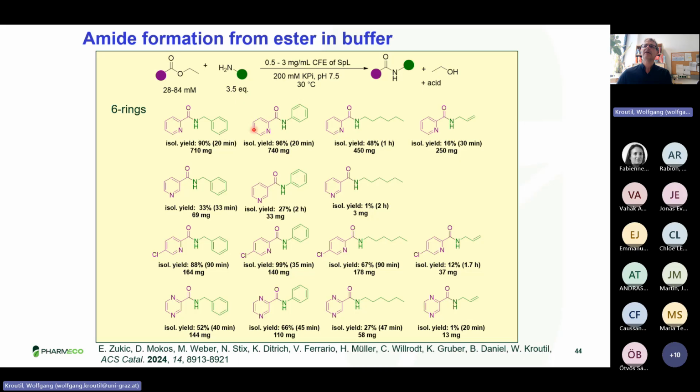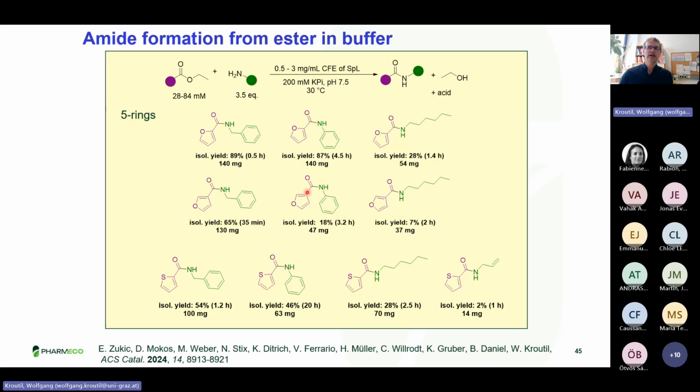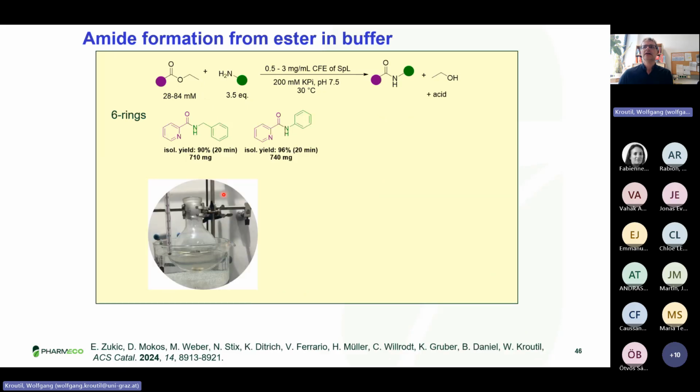What helps if the reaction should work well is that the product precipitates. That is actually the trick here. The product precipitates from aqueous solution. It works for many substrates. We've shown it for five-membered rings, different substitutions, also for larger rings. In general, showing you these two compounds here, at the beginning the reaction is clear.